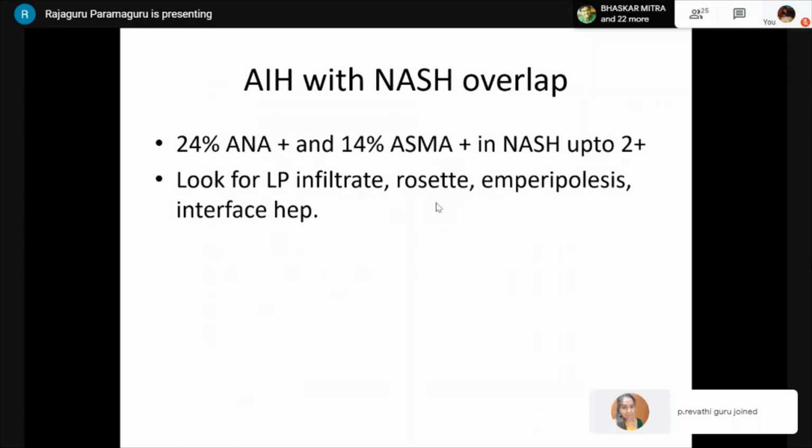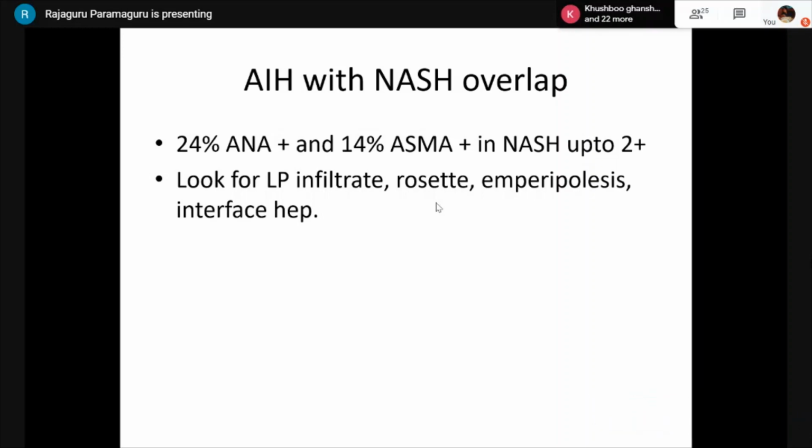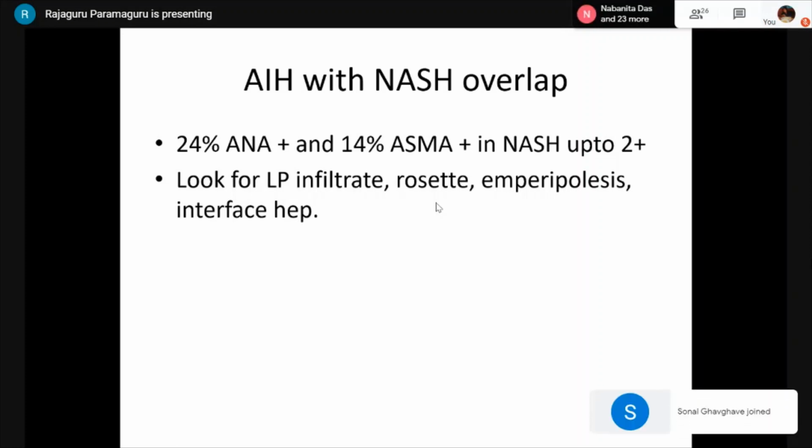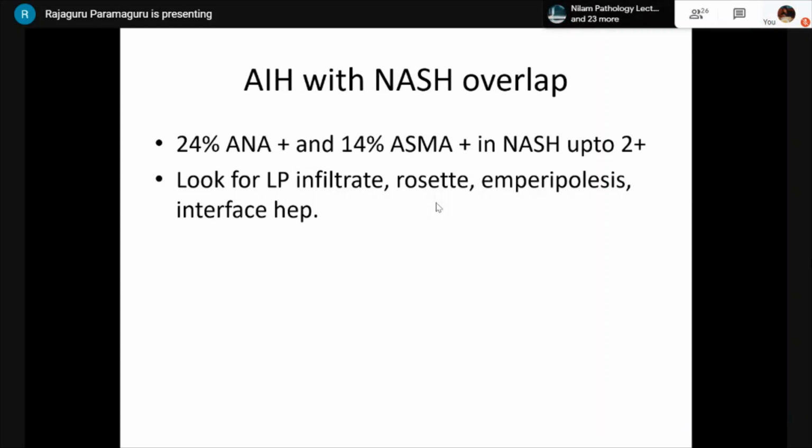Then when you are having a NASH, sometimes the clinician might write that the ANA is positive, mild ANA positivity, or in certain cases ASMA can also be positive. But we'll have to see that a NASH by itself, around 24% of cases can have ANA positivity, and around 14% patients can have ASMA positivity.